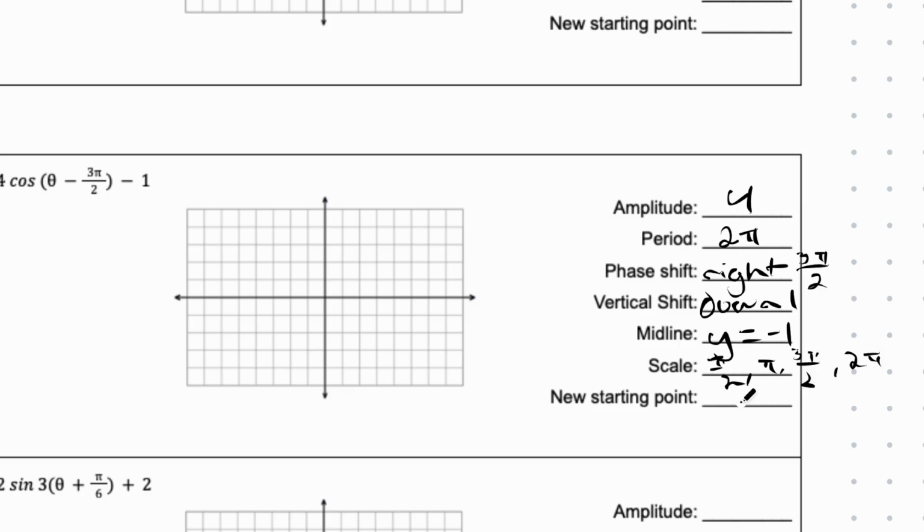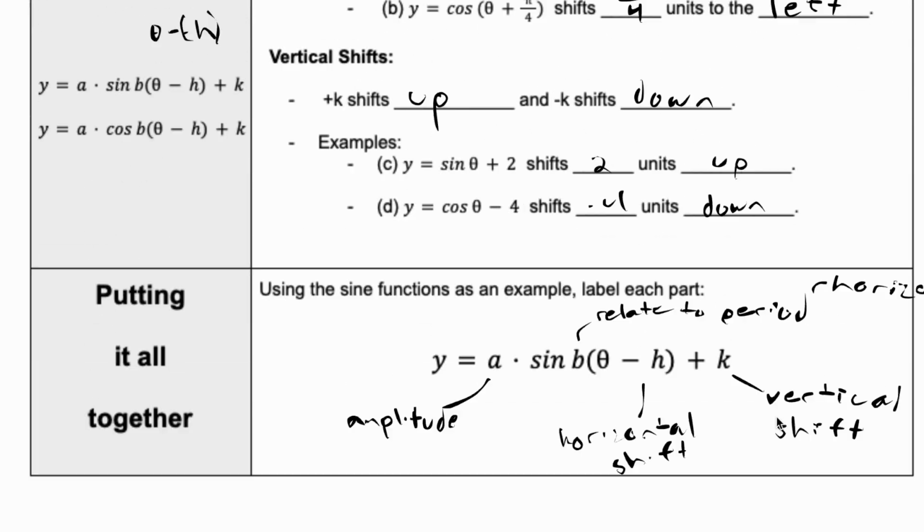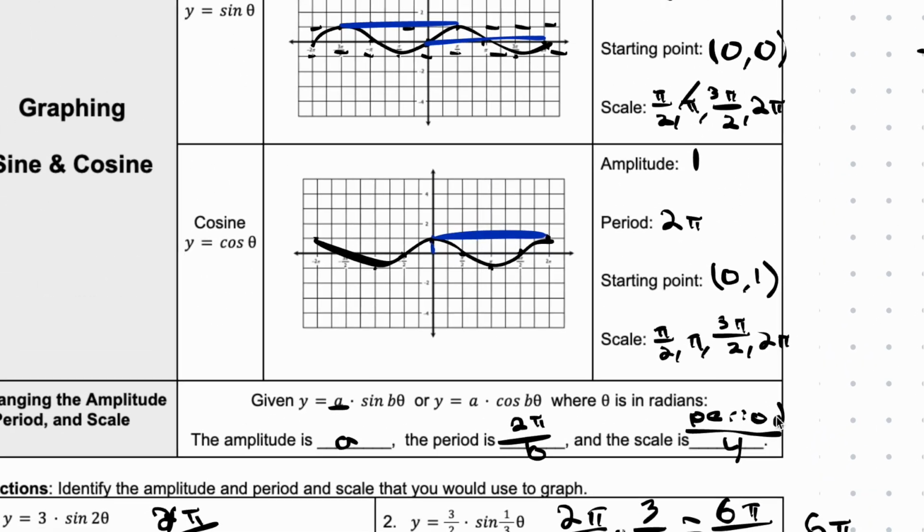Our new starting point. I'll go over this because sometimes I feel maybe I did not explain it well before. We're first going to shift right 3 pi over 2, so that's our x value. But our y value, our midline is y equals -1, so we have -1 for our y value. But since this is a cosine function, if we scroll all the way up here, our cosine function starts at 0, 1.